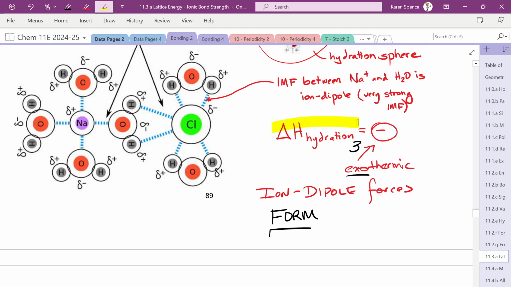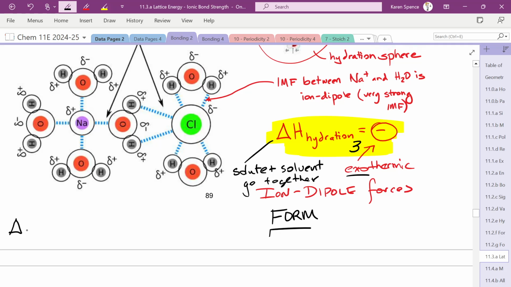Down here, we have solute plus solvent go together. And so delta H of dissolving is going to equal delta H1 plus delta H2 plus delta H3.